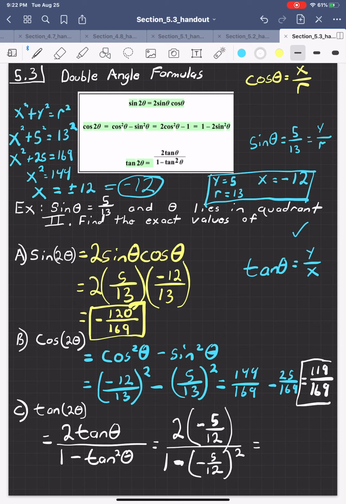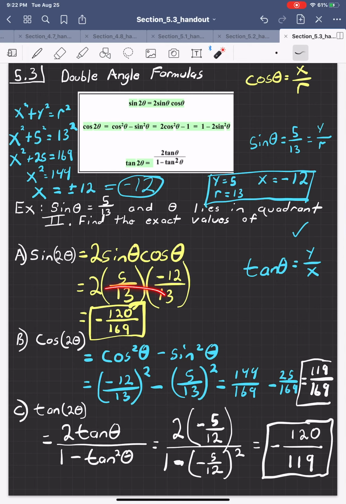But what we end up with is negative 120 over 119. So here is the final answer. All right. So how could I have gotten there a whole lot faster? See if you can spot the pattern. But nevertheless, we have used the double angle formulas.